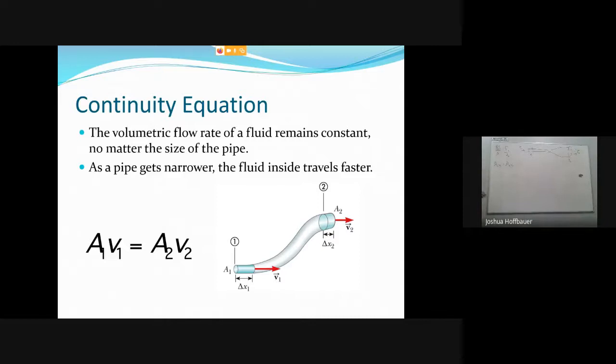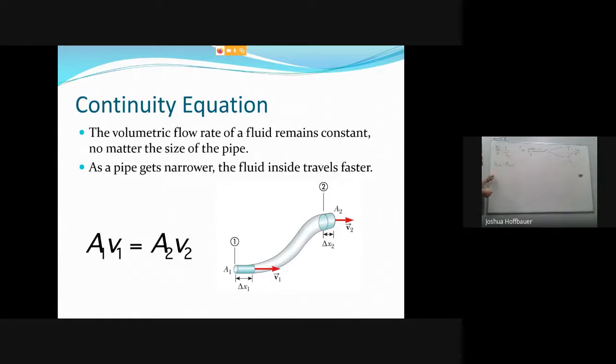So let's say that on the left side here, where the pipes are narrow, the fluid is flowing at a specific velocity. For simplicity's sake, let's say the area is 1, and the velocity is 1. So the left side equals 1. On the right side, let's say again that the area doubled to 2.